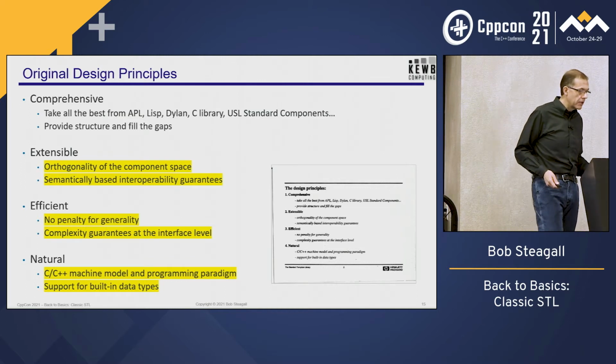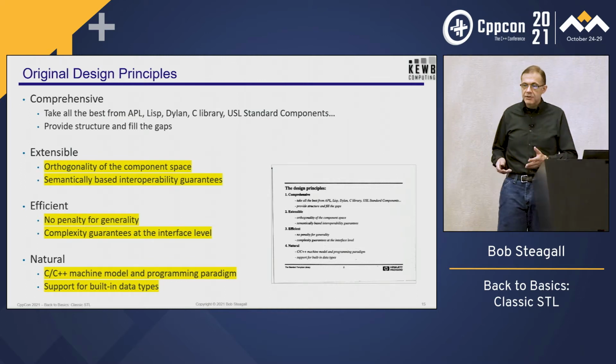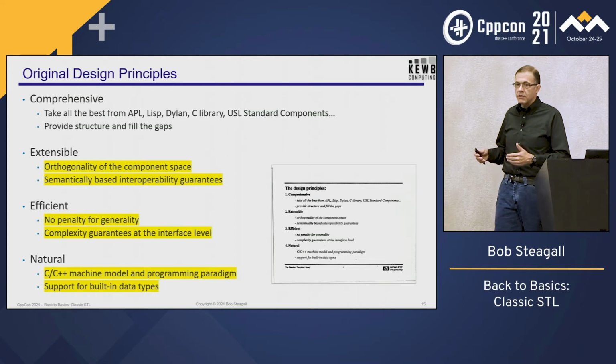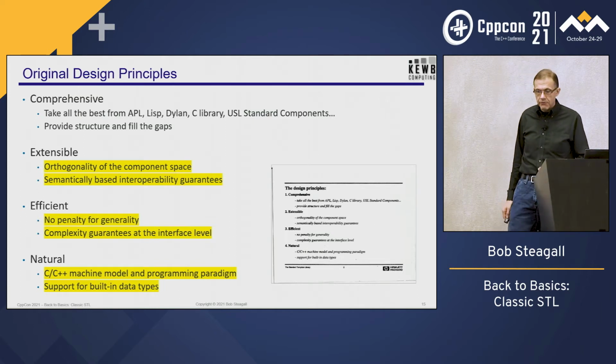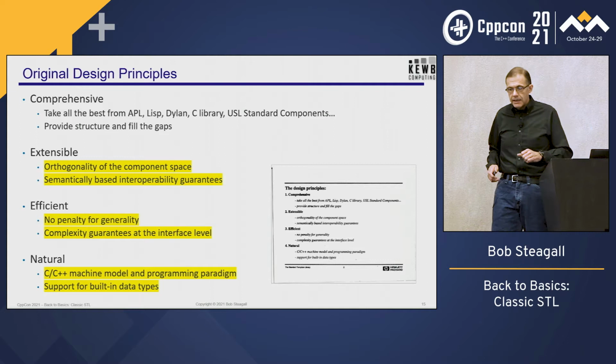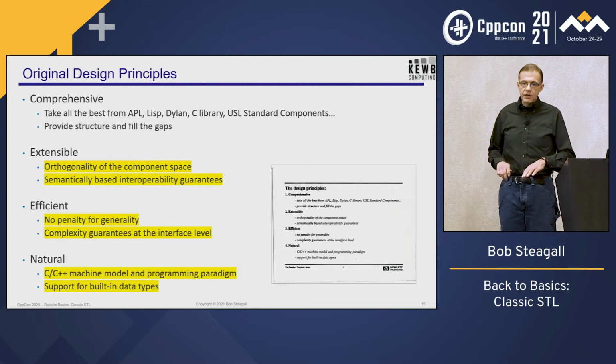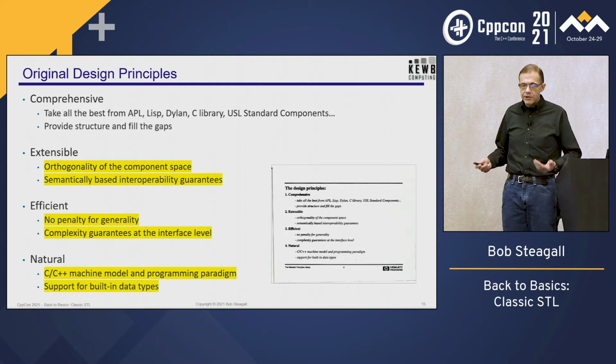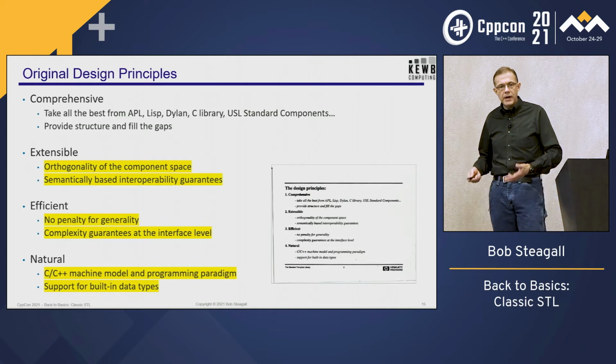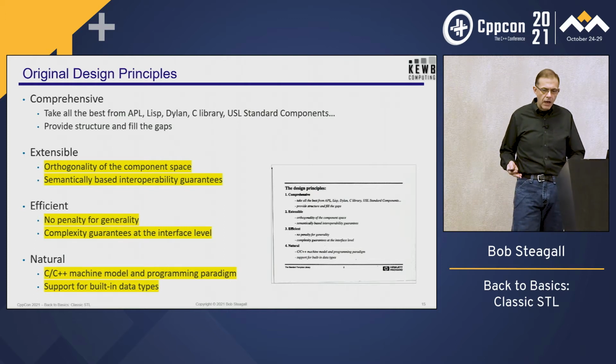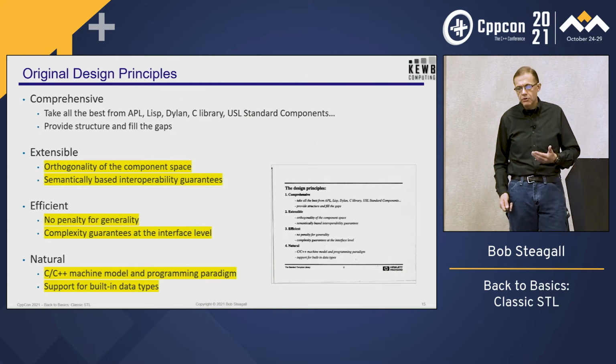No penalty for generality. Runtime complexity is guaranteed and specified at the interface level. And it models, in some sense, the operation of a physical machine. Iterators are analogs to pointers. It operates at a level just slightly above the hardware, and that's how we get such good performance out of it.